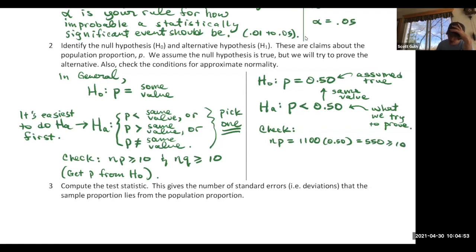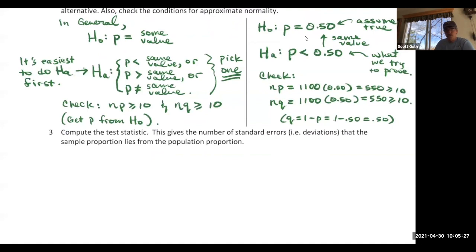And then NQ, 1100. And then down below, reminding ourselves Q is 1 minus P. So this is obviously a 50-50 thing, right? So 1 minus 0.50 is 0.50. So P and Q are the same on this one. So these both come out to 550. And of course, both are greater than or equal to 10. Any questions about that whole process?